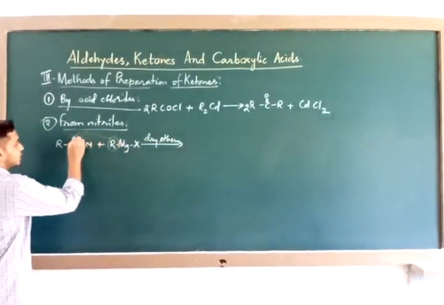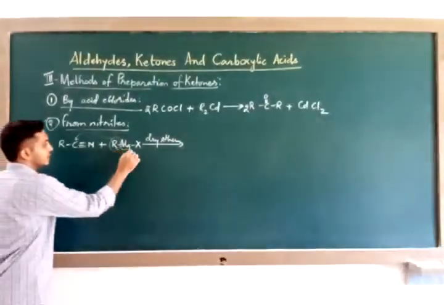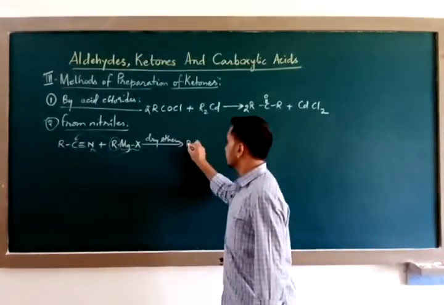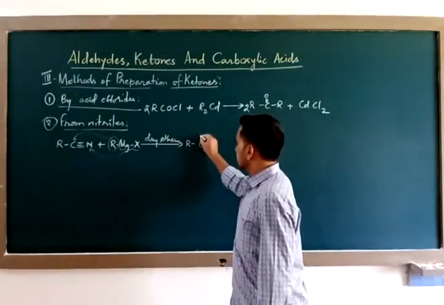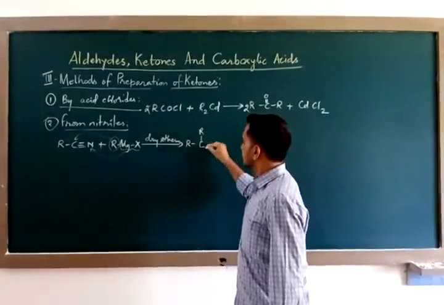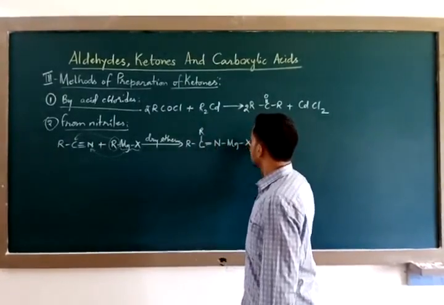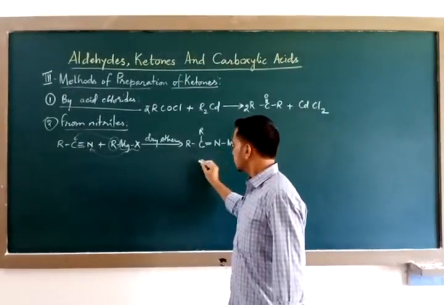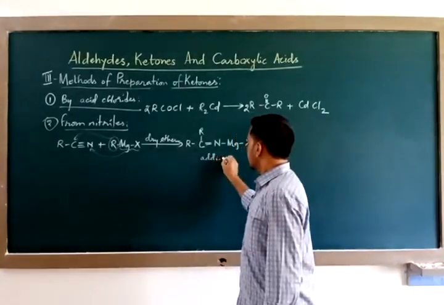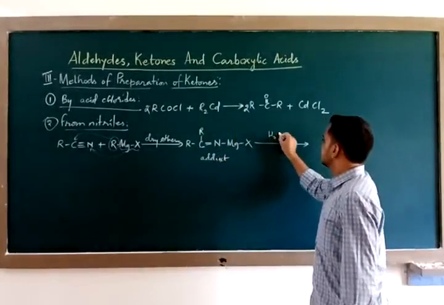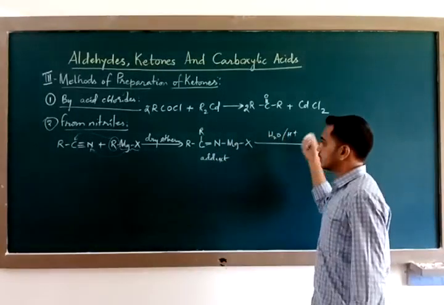Attach this R to the carbon part and the remaining part to nitrogen. Then R, C, one more R here, double bond, N, single bond, Mg, X. Because it is an addition product, it can be called an adduct. Now hydrolyze this in the presence of acid.